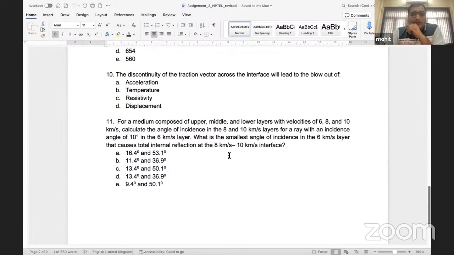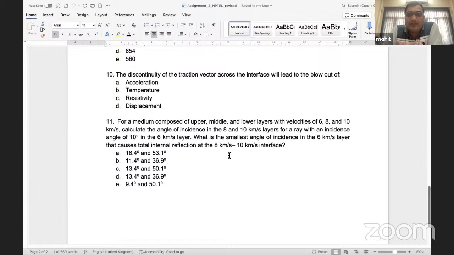For question number 11, it says: for a medium composed of upper, middle, and lower layers with velocities 6, 8, and 10 km per second, calculate the angle of incidence in the 8 and 10 km per second layers for a ray with an incidence angle of 10 degrees in the 6 km per second layer.